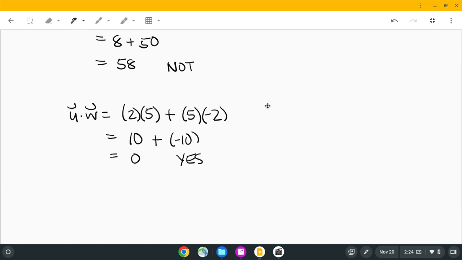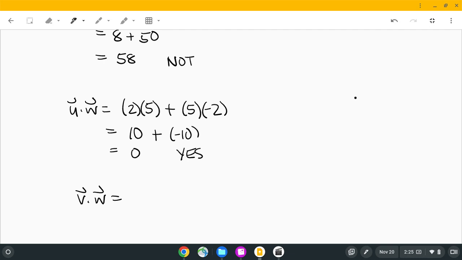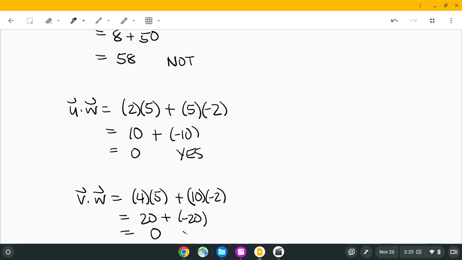And then let's do v dot w. Let's see if v and w are perpendicular. We have 4 times 5 plus 10 times negative 2. Here we get 20 plus negative 20, and we get 0, so we get another yes.